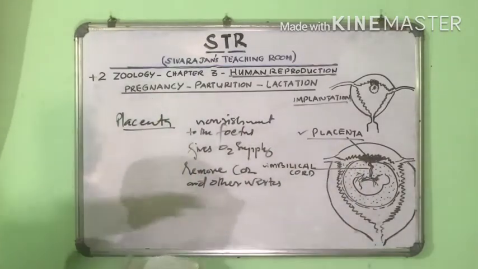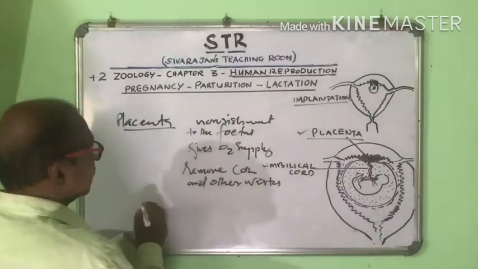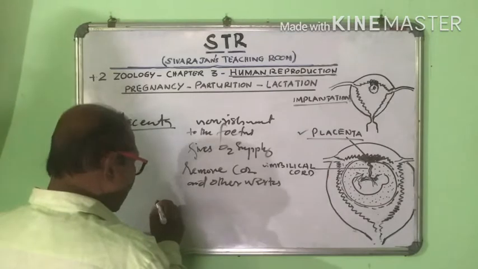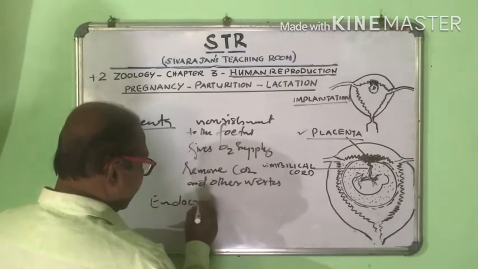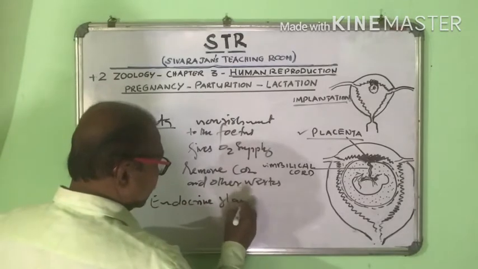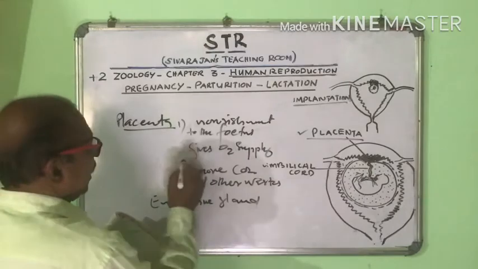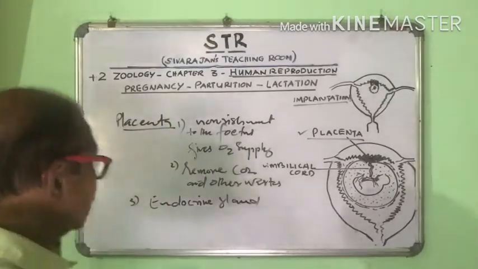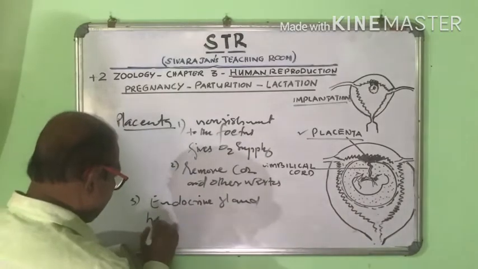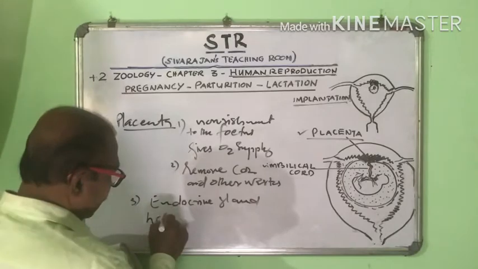Then after its development, the placenta functions as an endocrine gland. The placenta functions as an endocrine gland. It produces HCG. What is HCG?